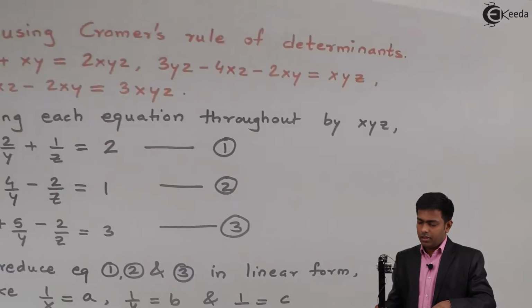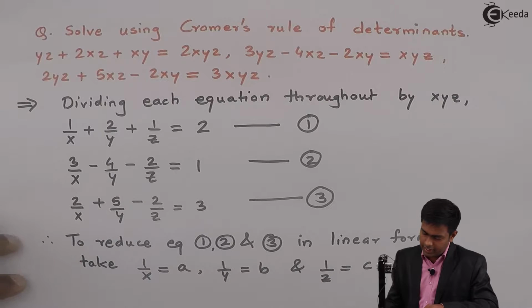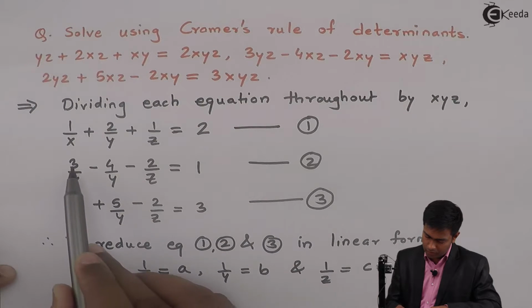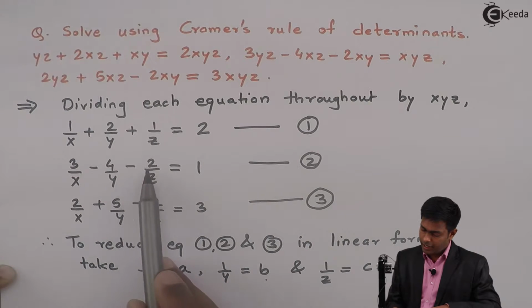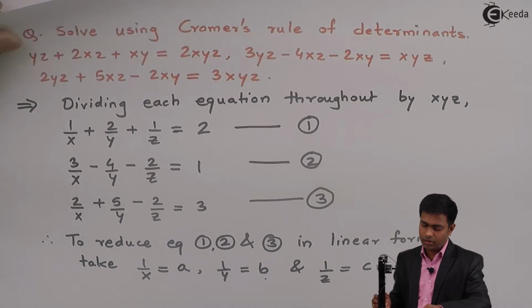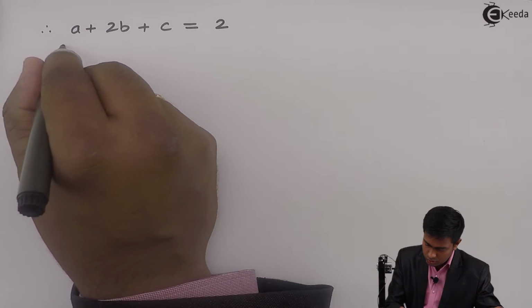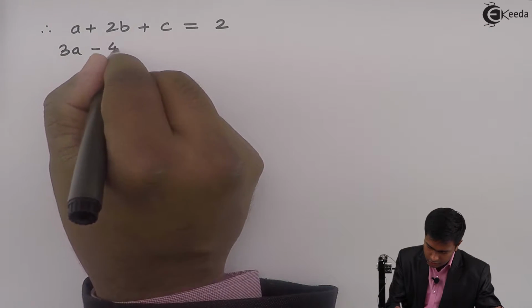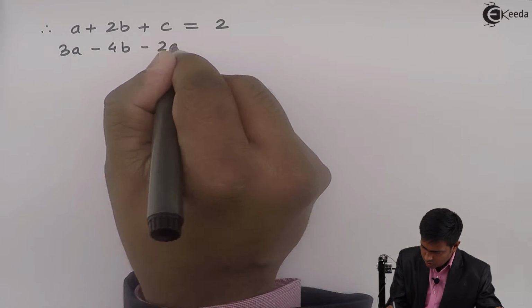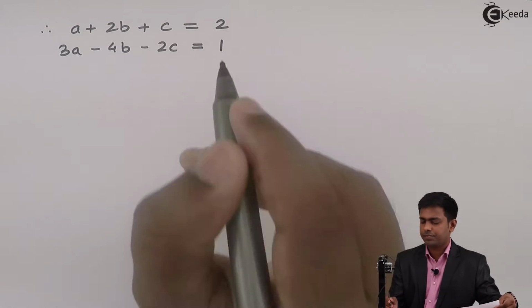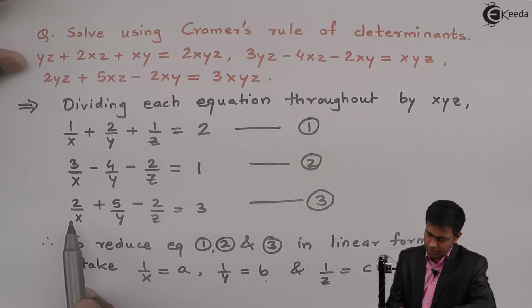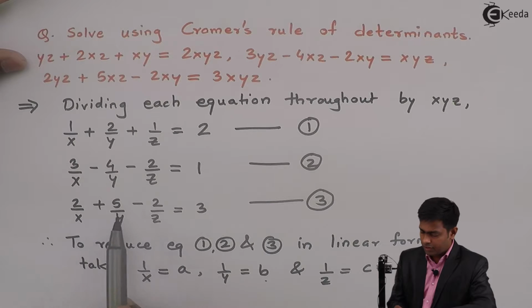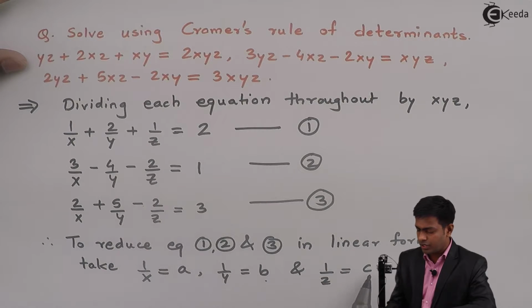Next, the second equation will become 3a minus 4b minus 2c equal to 1. So 3a minus 4b minus 2c is equal to 1, and here the third equation will be 2a plus 5b minus 2c equal to 3.